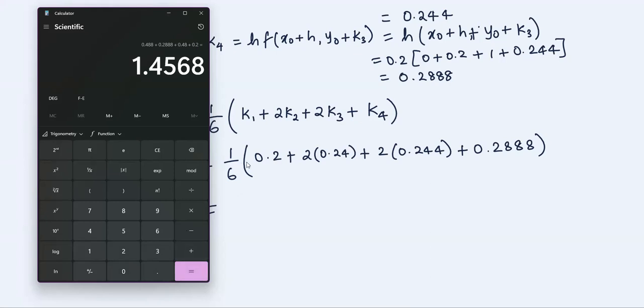So you get 1.4568 divided by 6. So 0.2428.